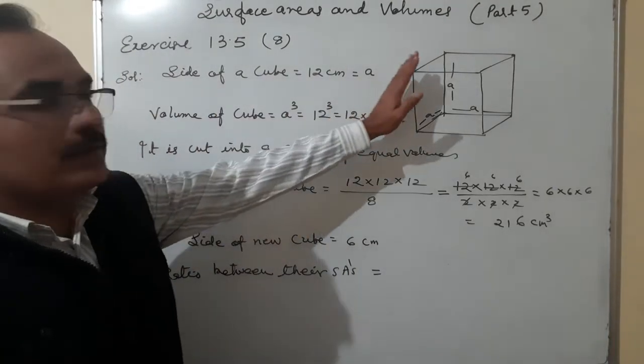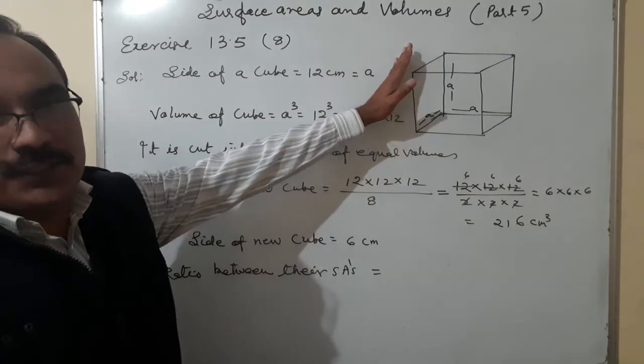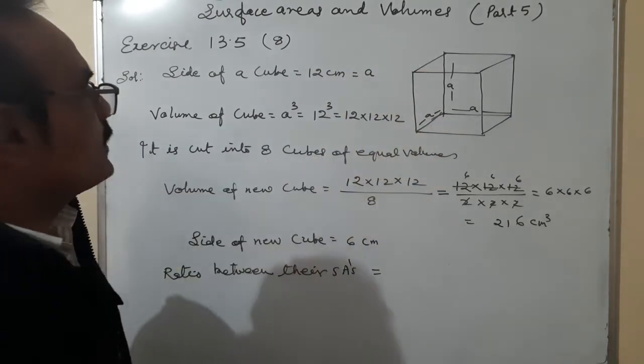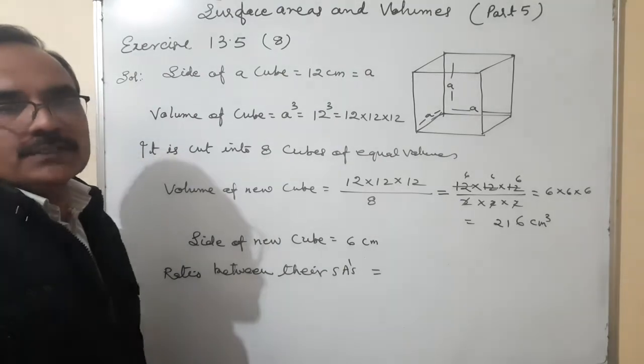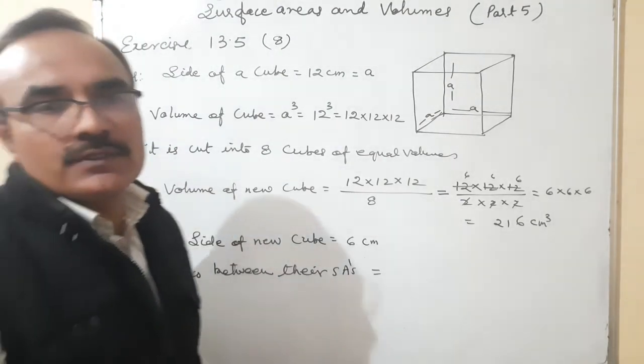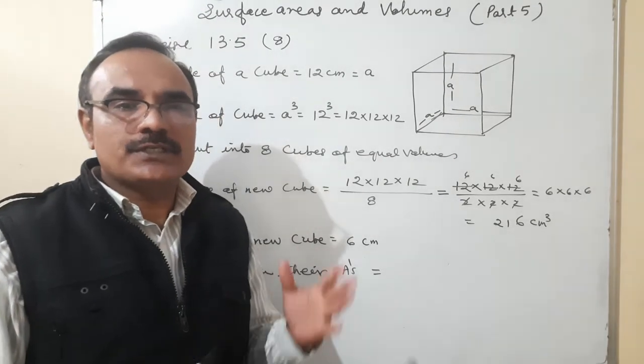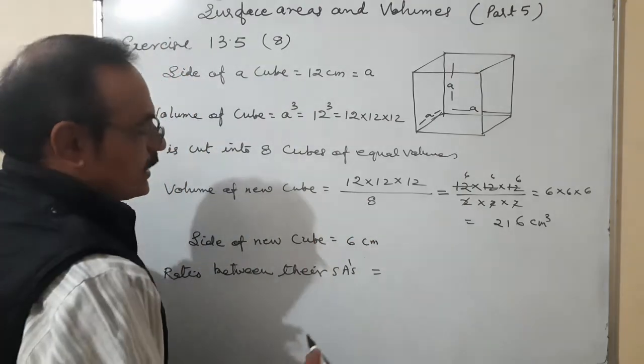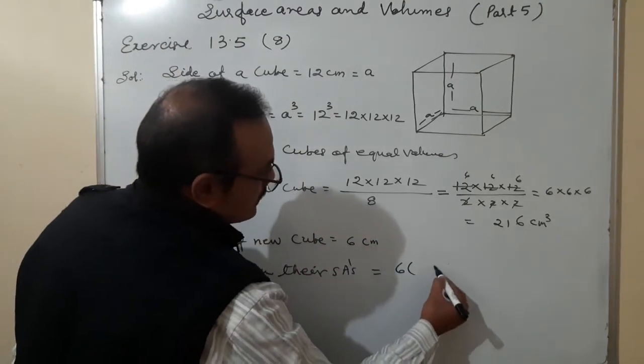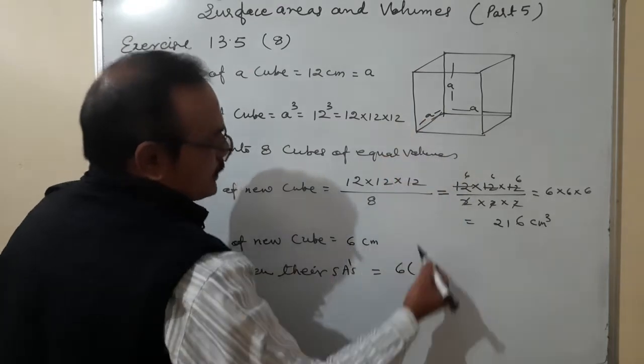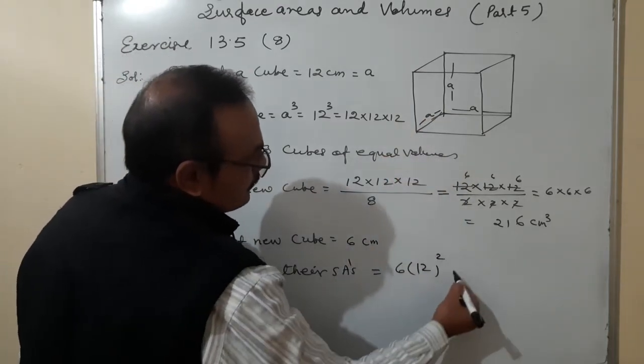Surface area of the first cube: the formula, total surface area, is 6a square. So I write here 6 into 12 square.